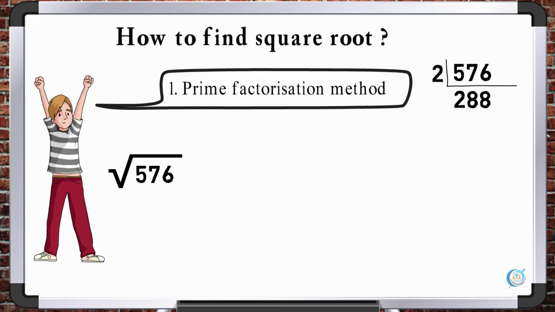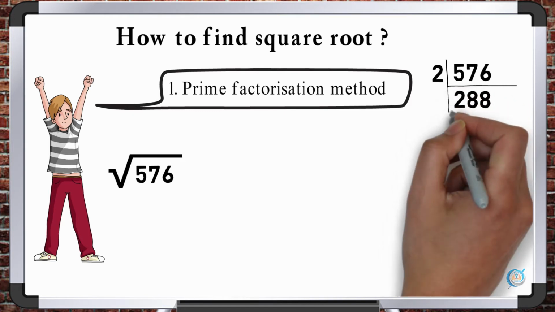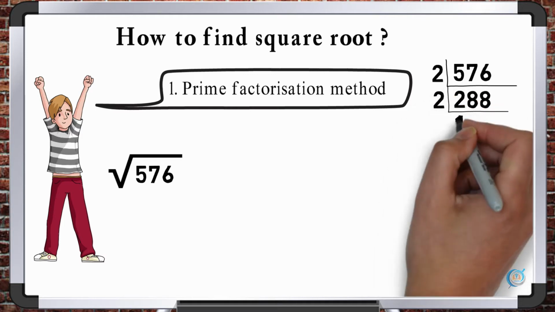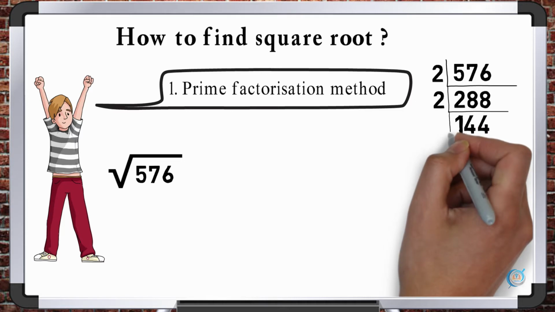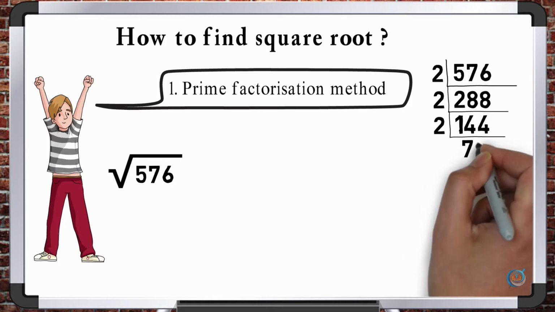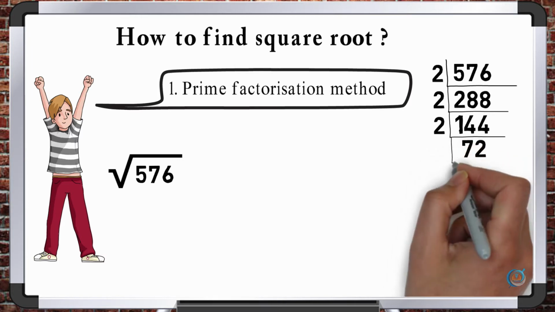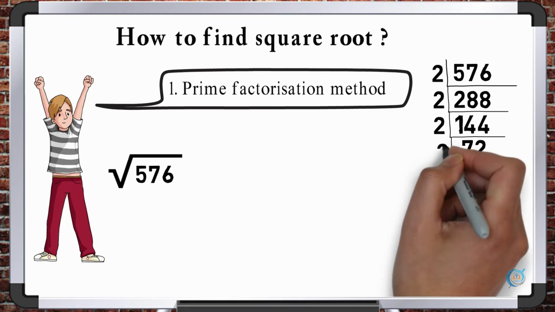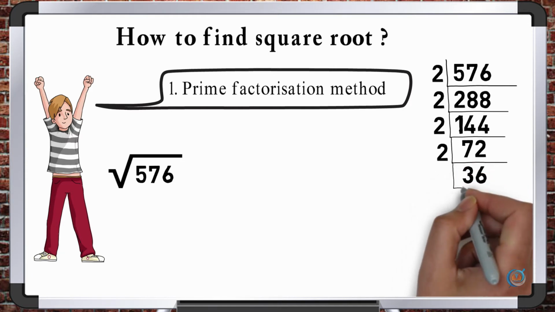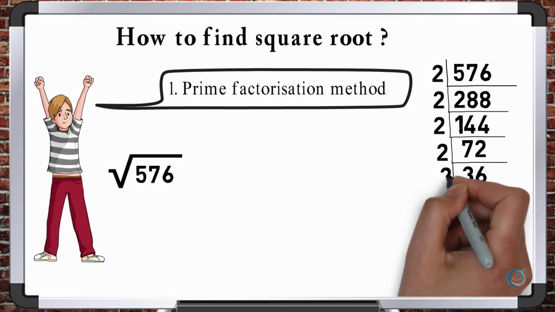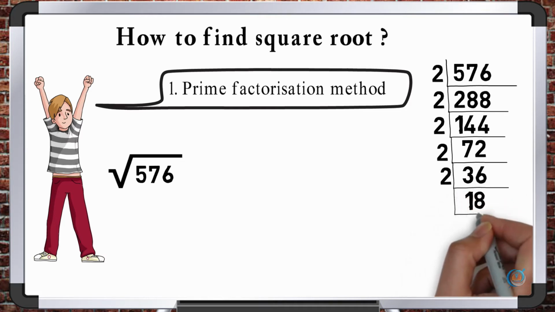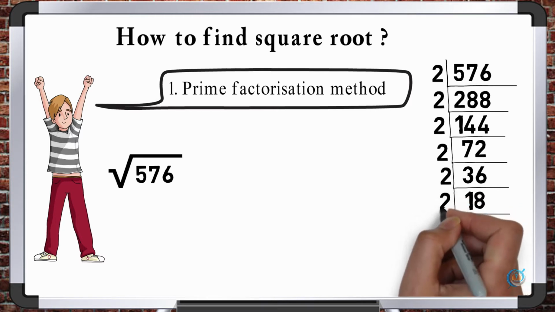So it will be 288. 288 again dividing with 2 will get 144. 144 again with 2 we get 72. 72 is also even number, so dividing with 2 we get 36. 36 again dividing with 2 we get 18. 18 divided by 2 gives 9.